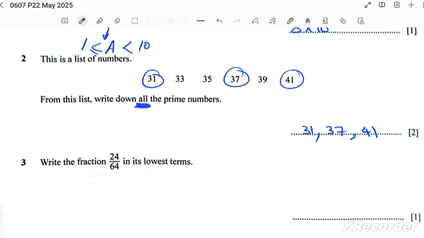Let's say them again: prime numbers, square numbers, cube numbers, triangle numbers, factors or multiples. They may ask about common factors, common multiples, and natural numbers, integers, reciprocals, rational and irrational numbers. So you should know all of them.